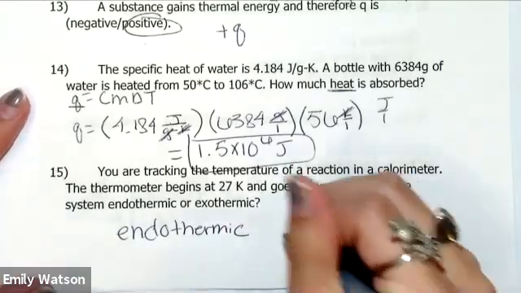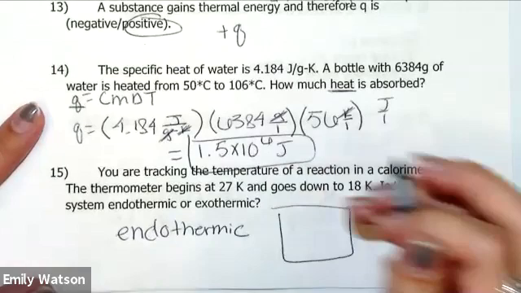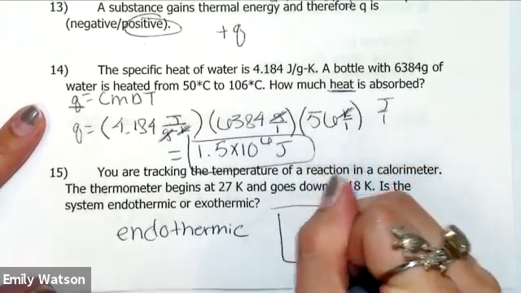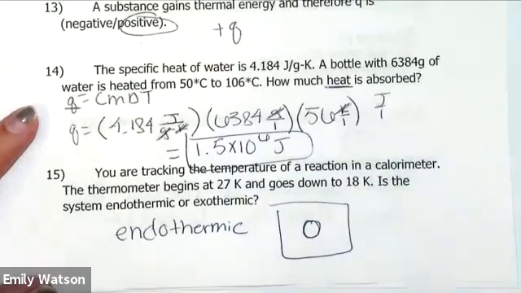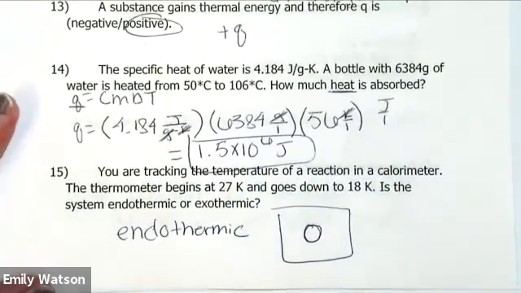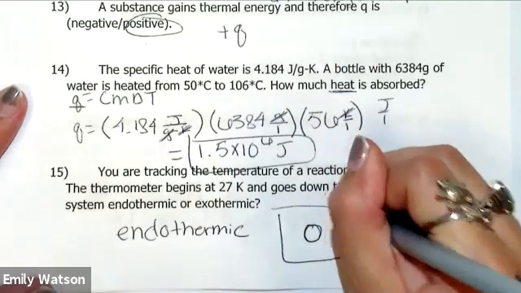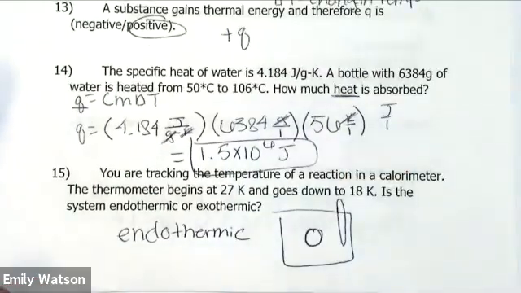So remember when we're in a calorimeter, this is my bad calorimeter, we have a system and then we have surroundings right out here. So when you have that thermometer in there, you're really measuring the temperature of the surroundings.